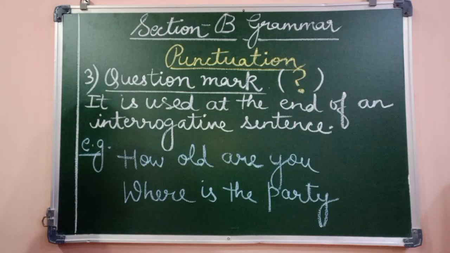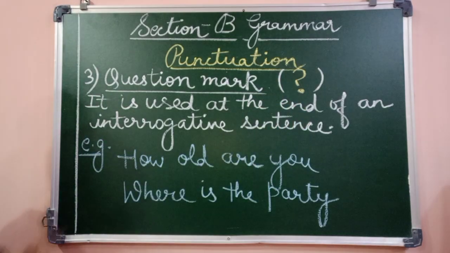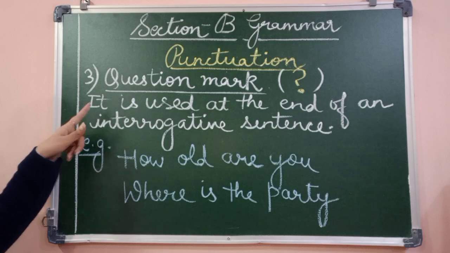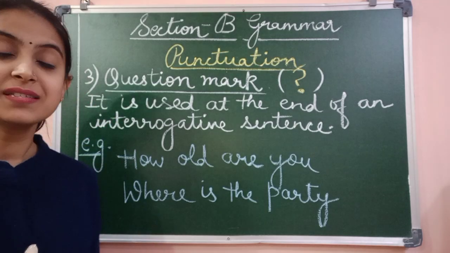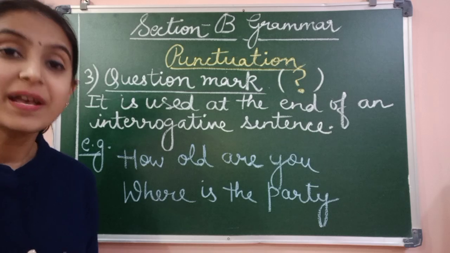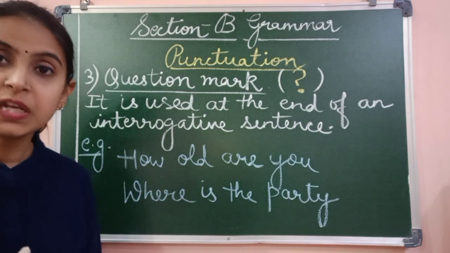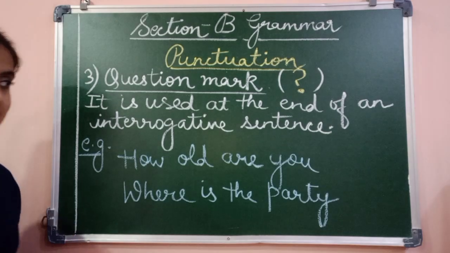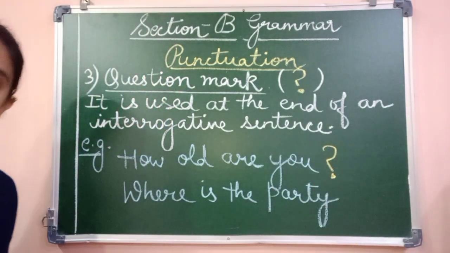The next punctuation mark is the question mark. Okay, this is the sign of a question mark. Now children, a question mark is used at the end of an interrogative sentence. An interrogative sentence means a sentence which asks questions. Okay, for example, how old are you? Now since this is a question, we put a question mark at the end of this sentence.